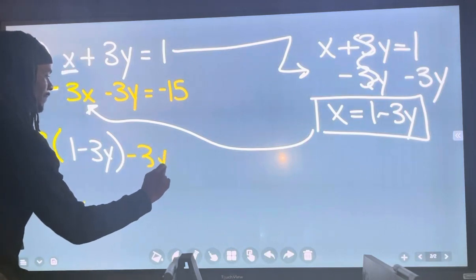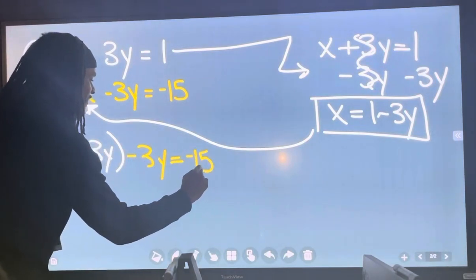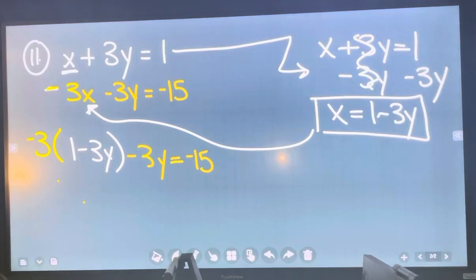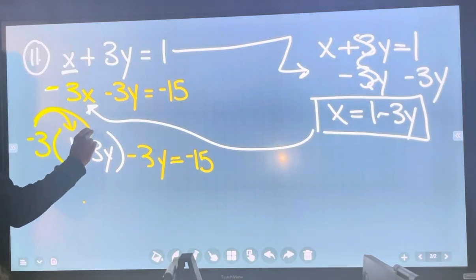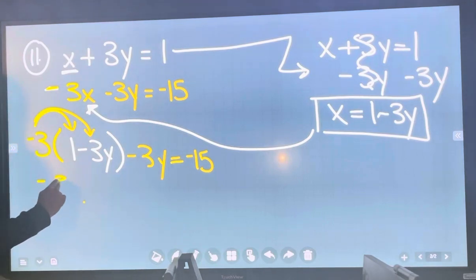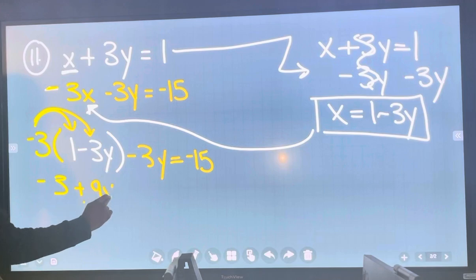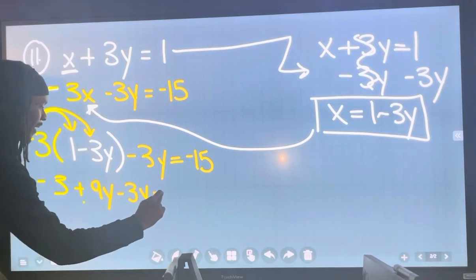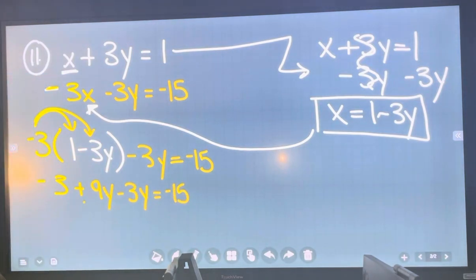Minus 3y equals negative 15. Quick refresher, what property do I need to use to solve for this? When we do that, that becomes negative 3. This becomes plus 9y minus 3y equals negative 15.